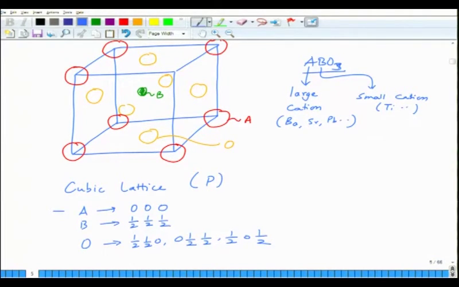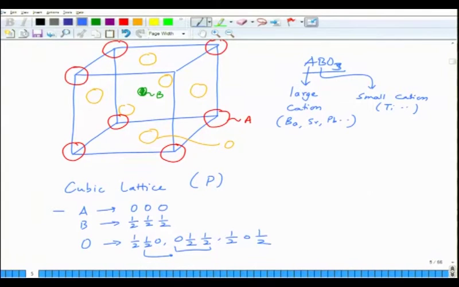If you are defining a primitive lattice, you need to define all the positions because the primitive lattice vector is only 1, 0, 0. So if you go from half, 0, 0, the lattice translation is only 1, 0, 0. You will go to 3 halves, 0, 0. So you can't get the other points.